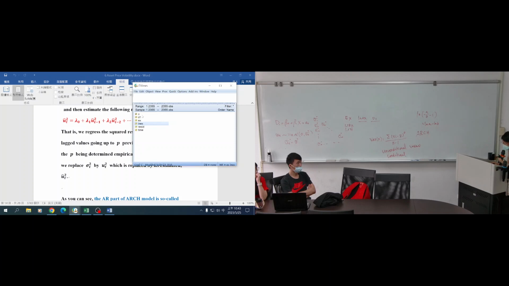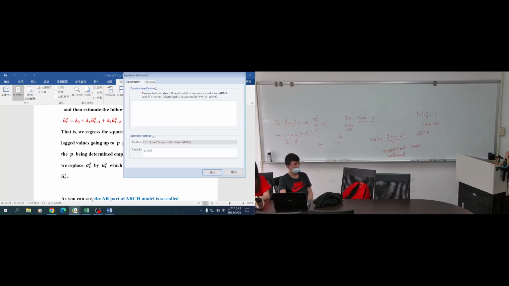This time, since I don't have any x variables and I just have y, I use Quick, then the Estimate Equation function. Here I type my D1, then constant.